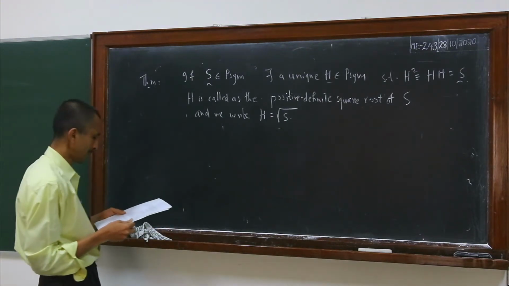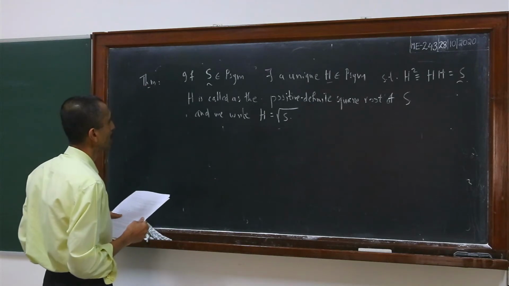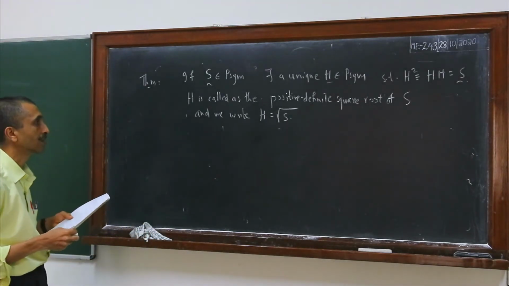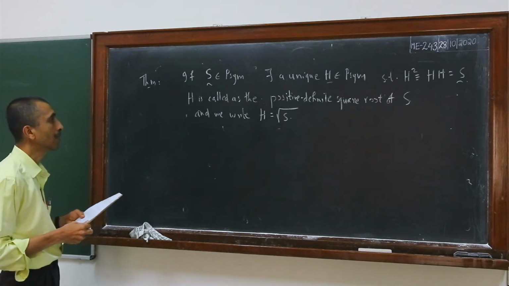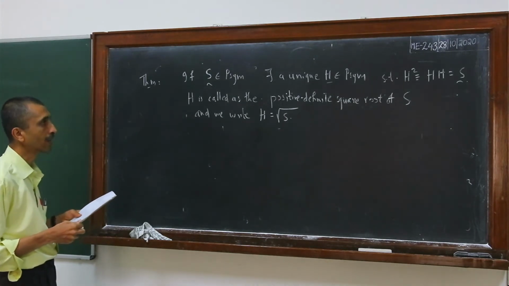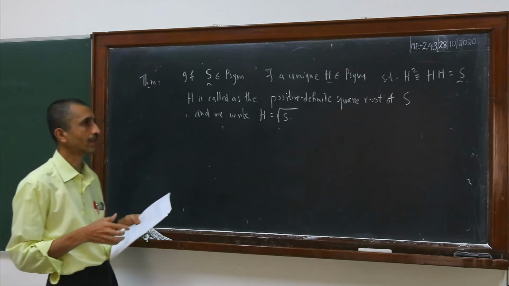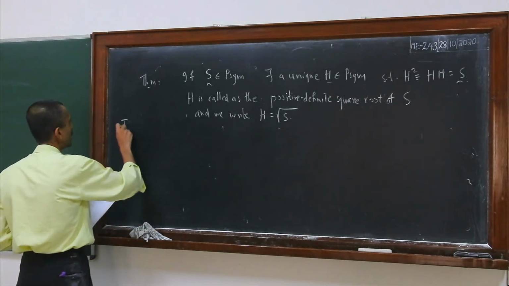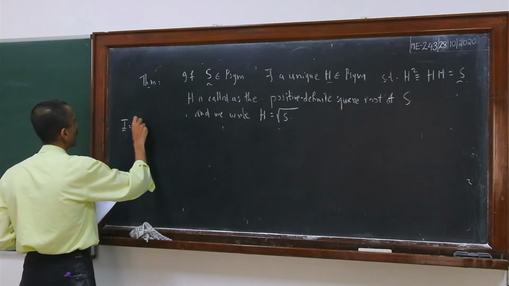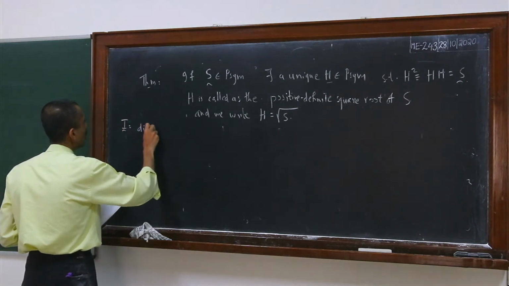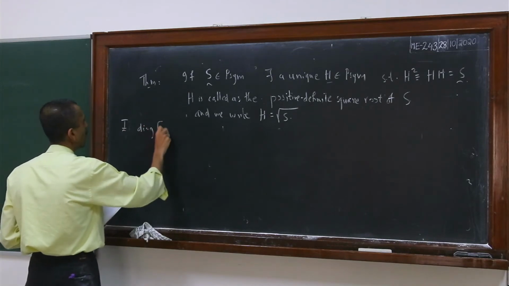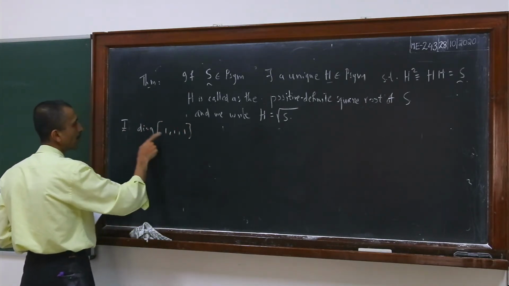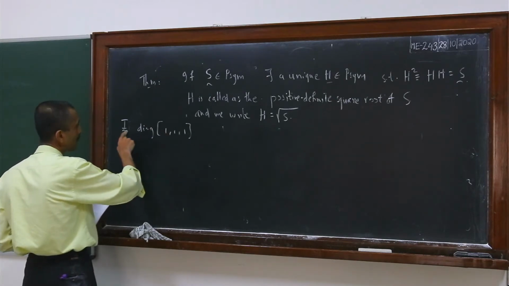Just a few clarifications before we start on the proof of this theorem. If you look at square roots, you can have multiple square roots. For example, if you take the identity tensor, then diagonal of 1, 1, 1 would be a square root, because if you multiply this by itself, you will get the identity.